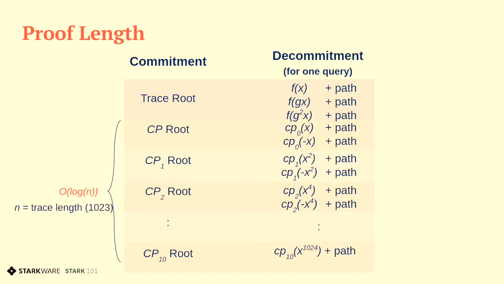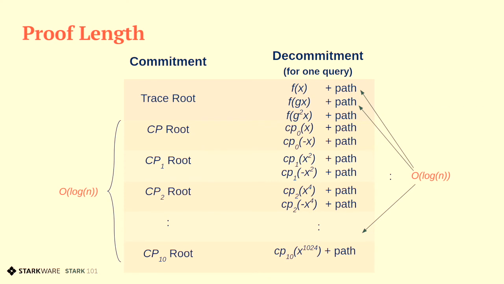So if our trace length is n, in this case 1023, there are order of log n elements that the prover needs to send. For each element, the prover needs to send the element and the authentication path. The authentication path is of length order of log n.